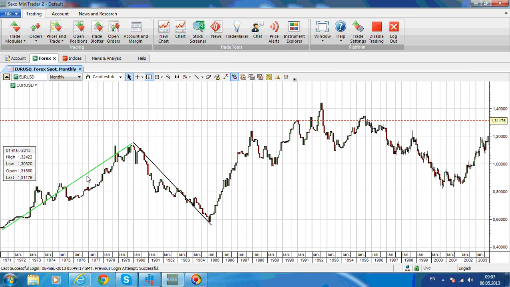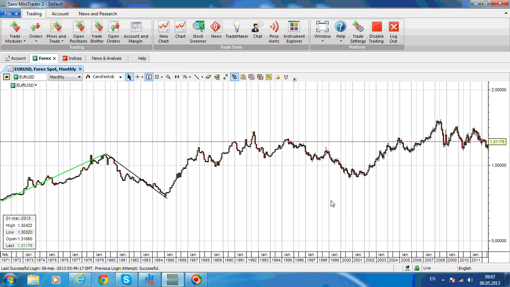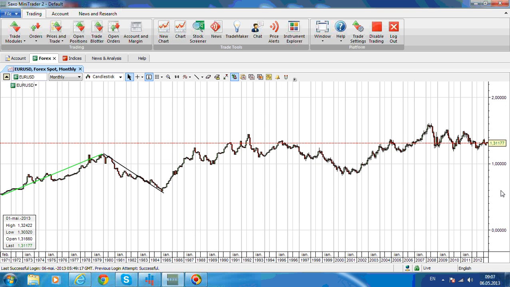Then a new cycle to the upside begins in late 85, and this whole move to the upside should be considered this move in here. Let me do it like this.